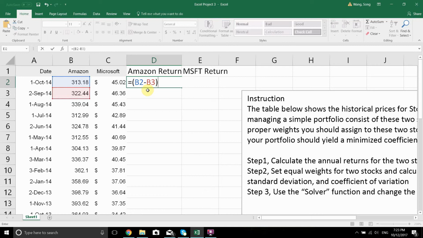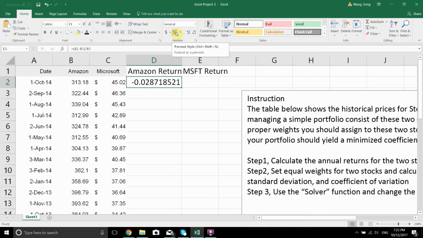Okay, don't forget the parentheses to get the price difference first, and then you use the price difference divided by the old price. Okay, and that's your percentage. So you get a negative 2.8%. So that's a 2.8% loss. Okay, so you can trim the number a little bit. You can use a percentage style and show a little bit more decimal right here to make it look nicer.